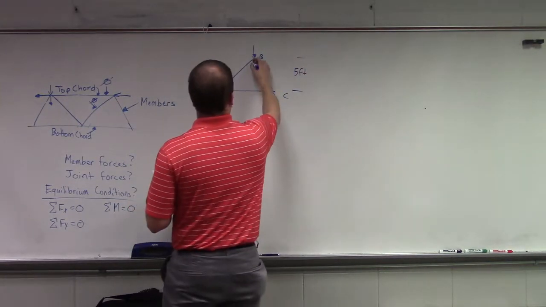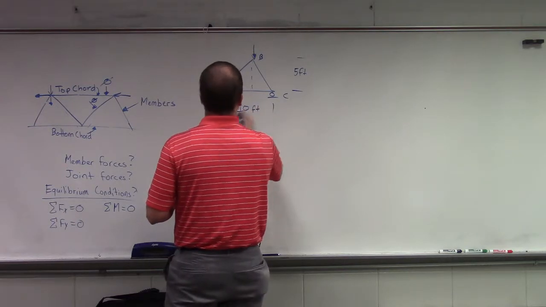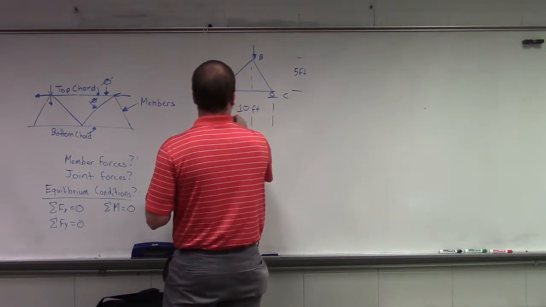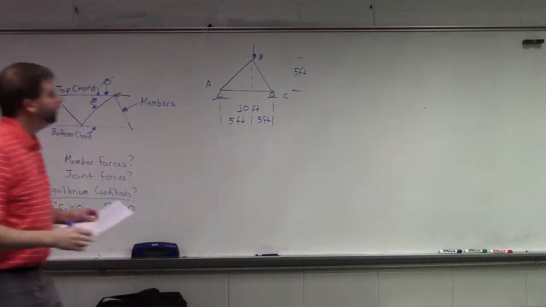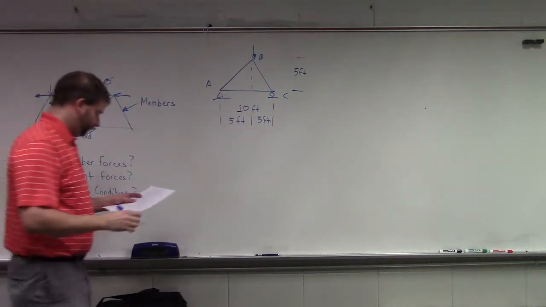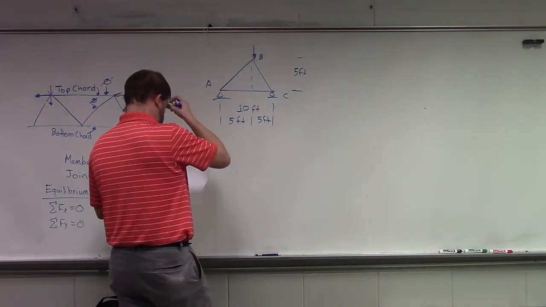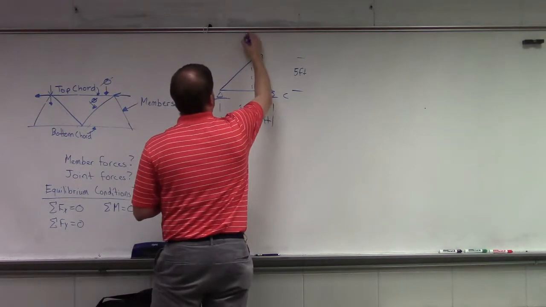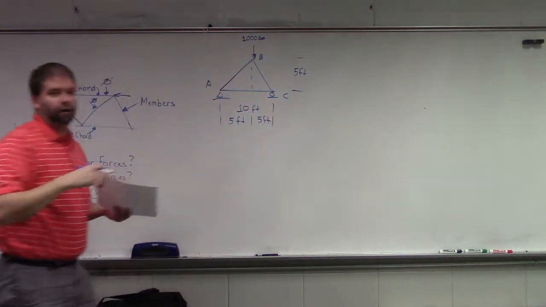Five feet in this dimension, and believe it or not, we have 10 feet in this dimension. Those are also both representations of 5 feet, okay? And we'll say that we're applying 1,000 pounds, okay?